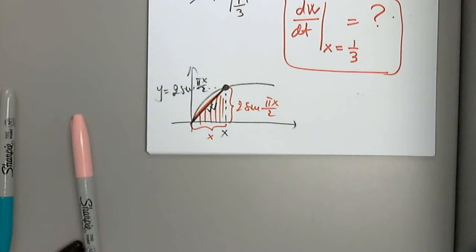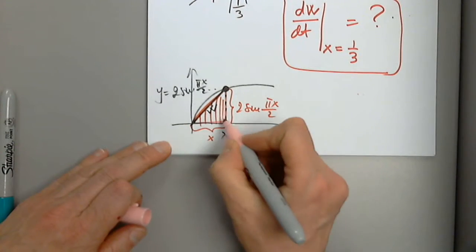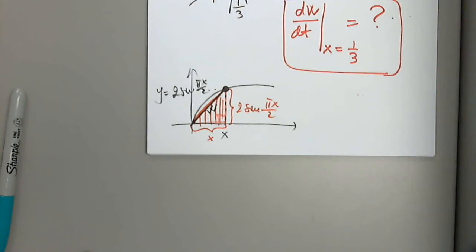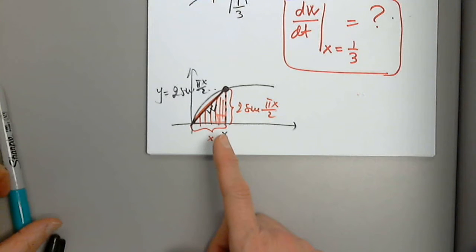I need to find the relationship among these three, because all I have is x, y, and w. And the relationship is clear. What do you think we are going to use?